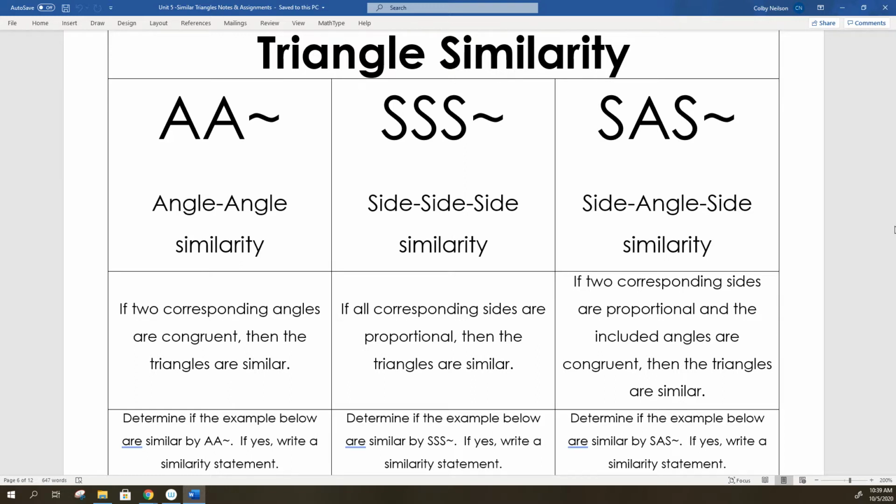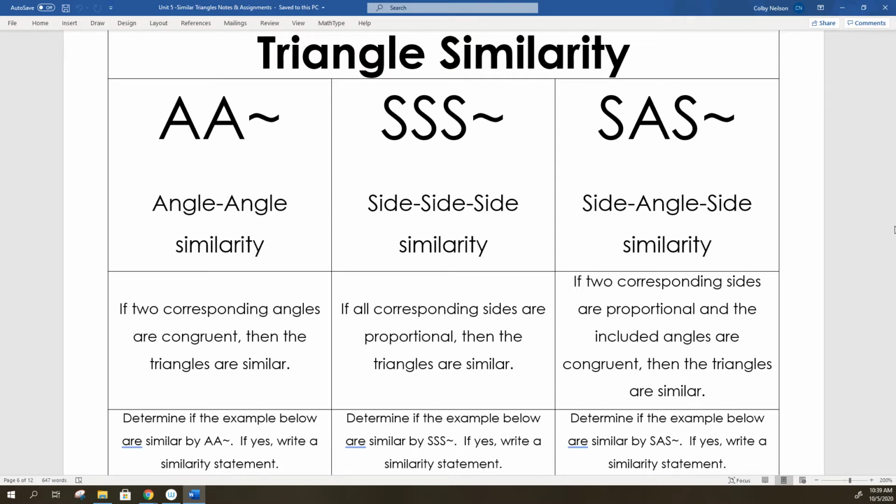So angle similarity: if you have two angles in one triangle congruent to two angles of another triangle, then they're similar. Remember, it's not congruent. It's similar. They could be different sizes. Side means all three sides, and you have to check all three sides. Their ratios are all the same.